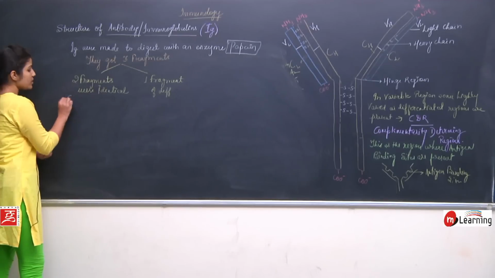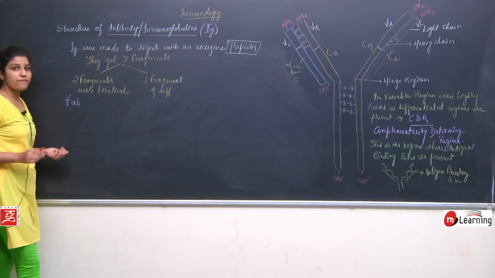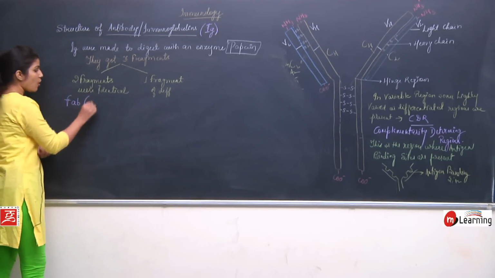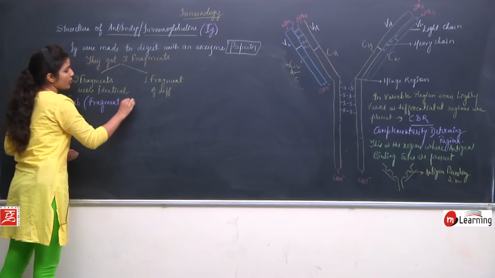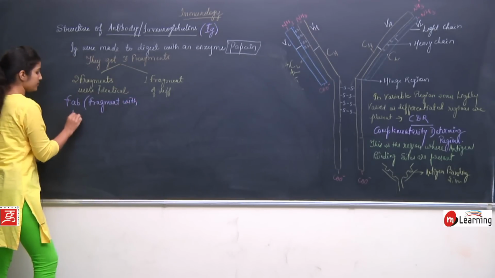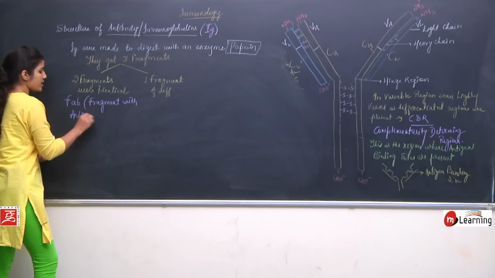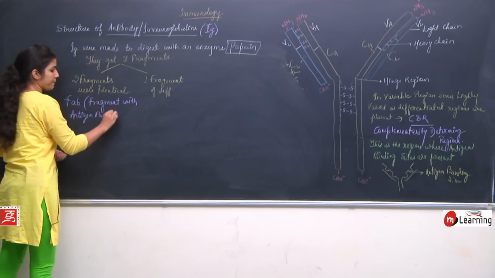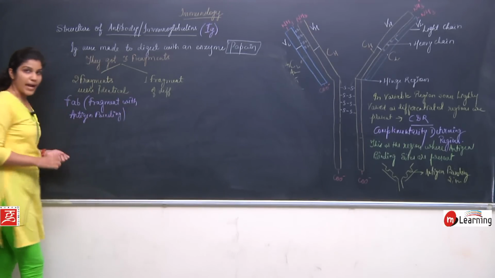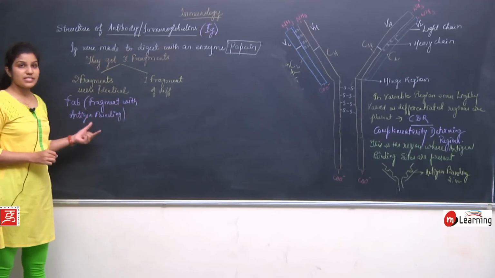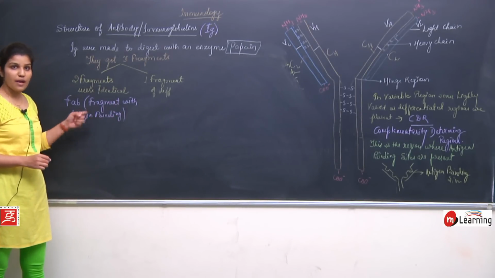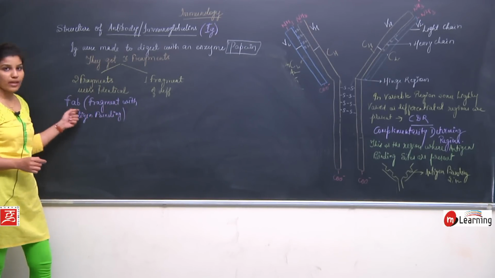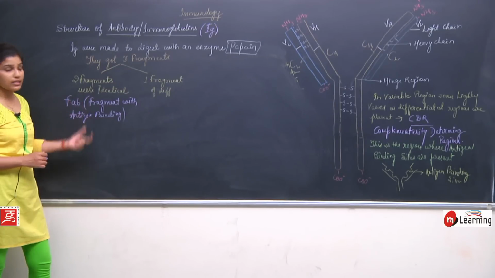Therefore, they named this fragment the FAB fragment, or fragment antigen binding. Okay, and the specific site in this FAB fragment is the complementarity determining region. FAB: F stands for fragment and AB for antigen binding site.